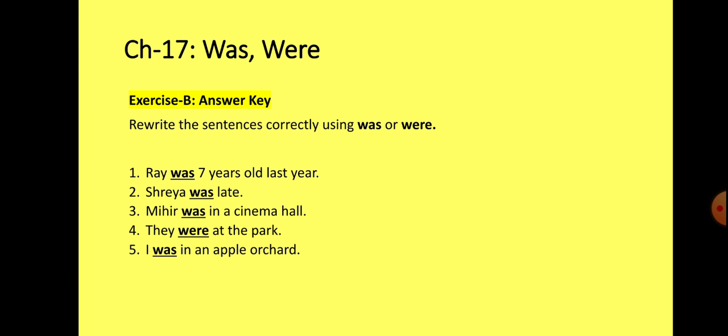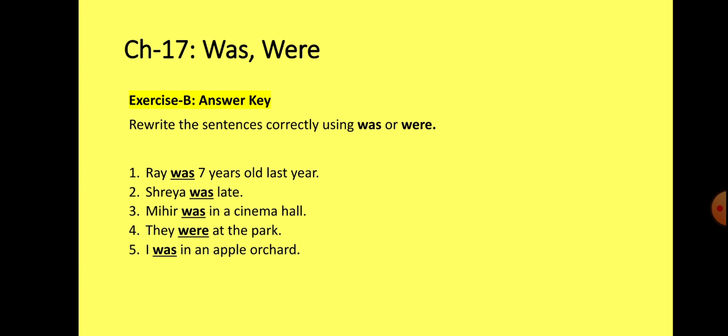It is written as were in the book, so we have to correct it. Number 4, they was at the park. That is what the question given in your book, but you have to write it as they were at the park. Number 5, I were in an apple orchard. It is given in the book like this, so were is a wrong usage here, so remove that and write was there in its place.